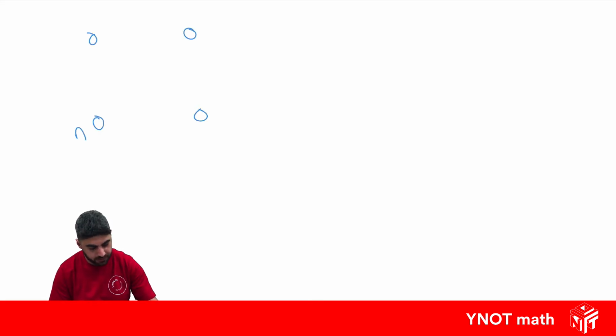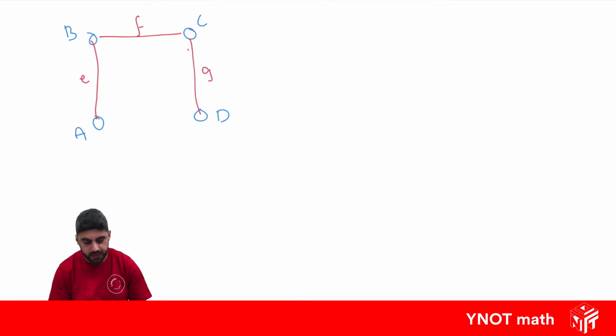So we're going to have A, B, C, D, and let's join those. And we'll call these little e, f, and g. Now, a walk involves moving from vertex to vertex, and we can label the walk in different ways. I could walk from A to B to C to D, and I could write it like that.